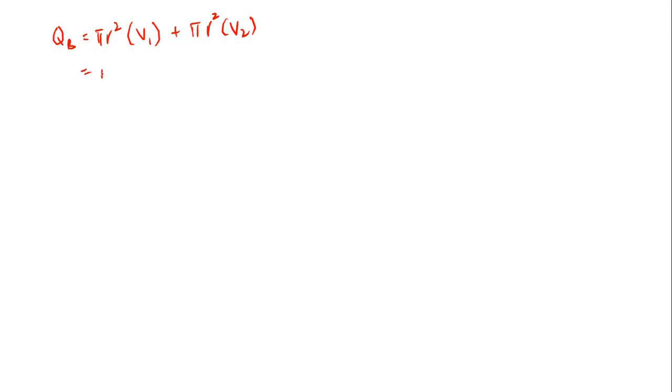That is pi times 0.0254 squared times V1, which is 6.417, plus pi times the radius of branch 2, 0.0508 squared, times V2, 4.871.